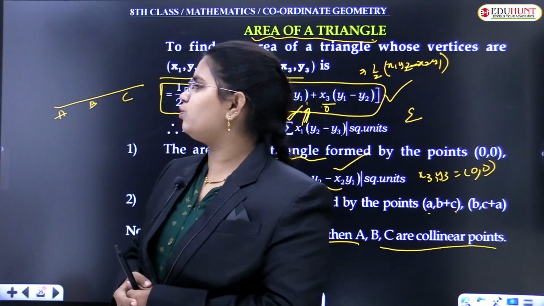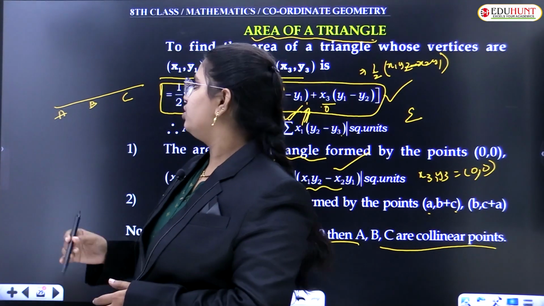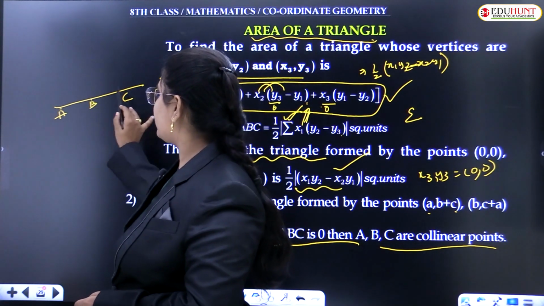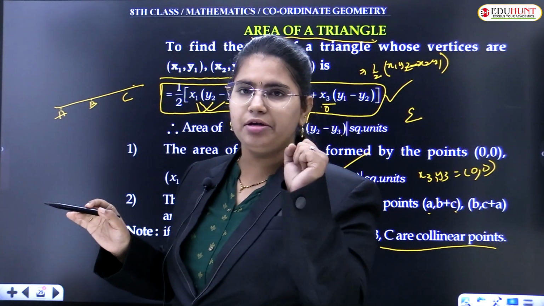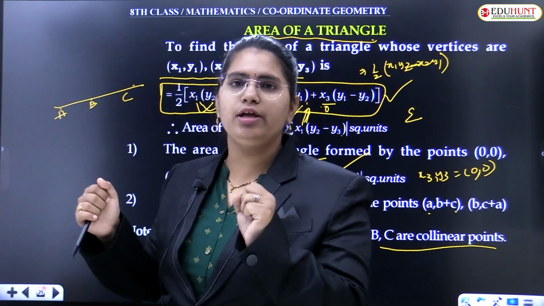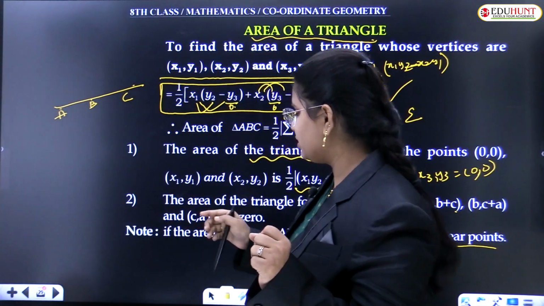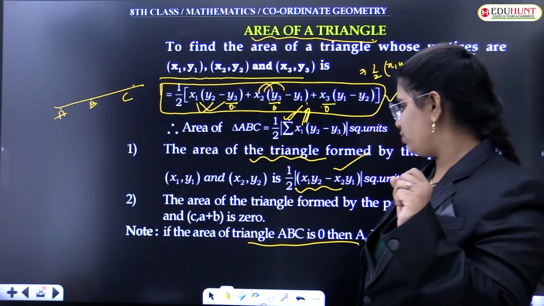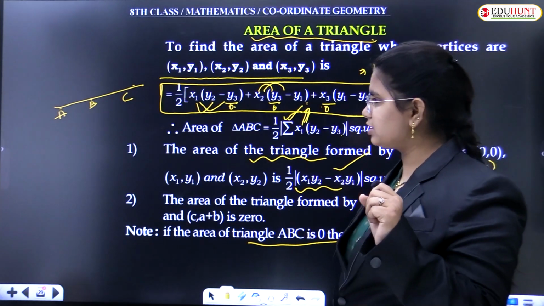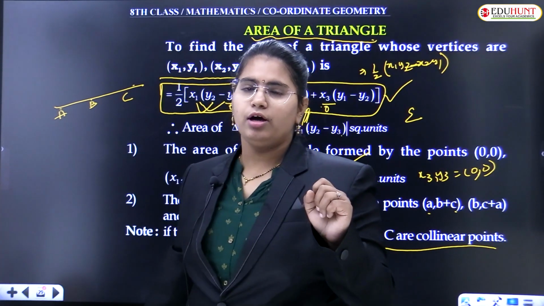No, right? Practically it is not possible. So if all three points lie on the same line, then the three points are called collinear. If all three points are collinear, then what result do we have? The area of the triangle always becomes 0. So that will be my next point. Understood?